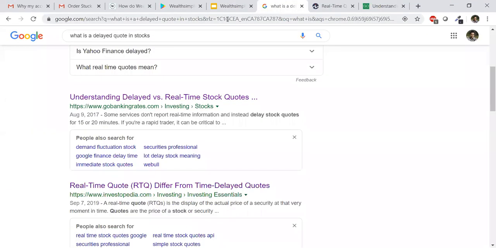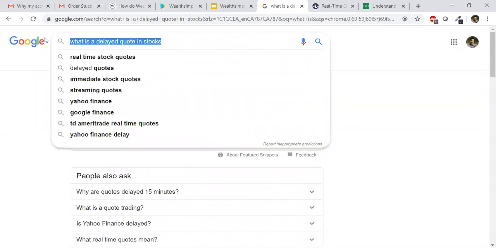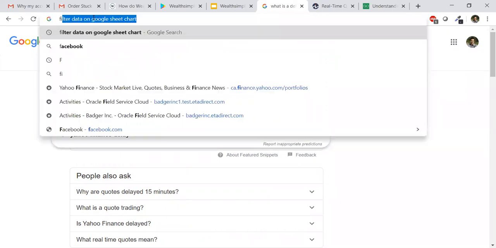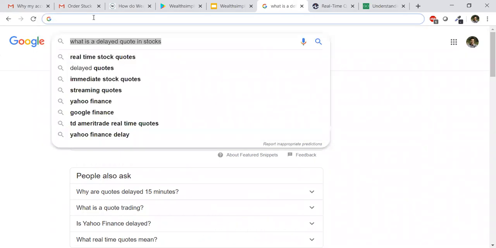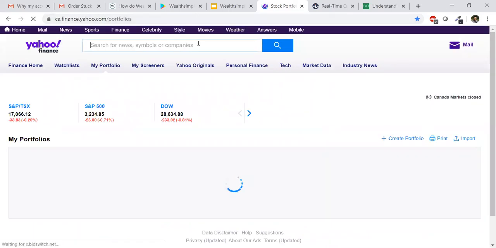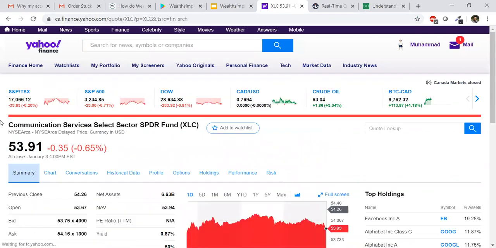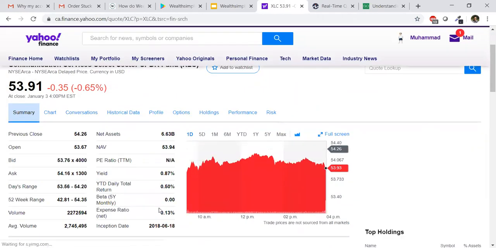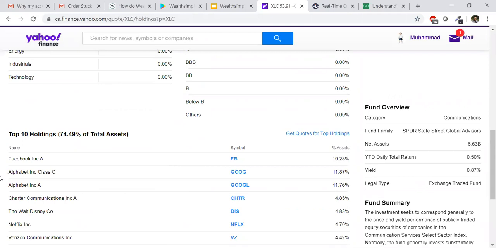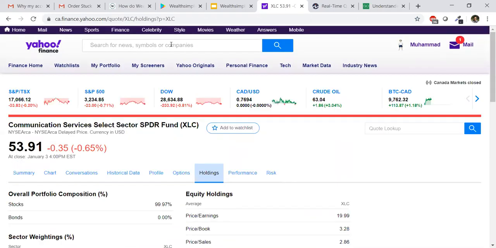The reason I was trying to buy XLC is, if I open, let's suppose, Yahoo Finance, you see that its expense ratio is 0.13, and it has holdings like a major share of Facebook, Alphabet, and some other companies.